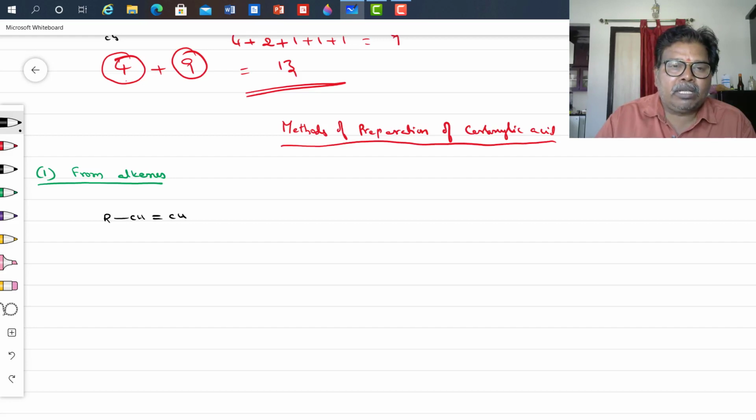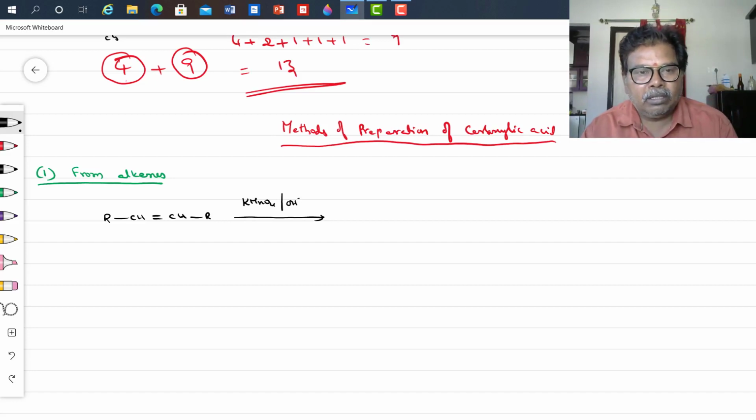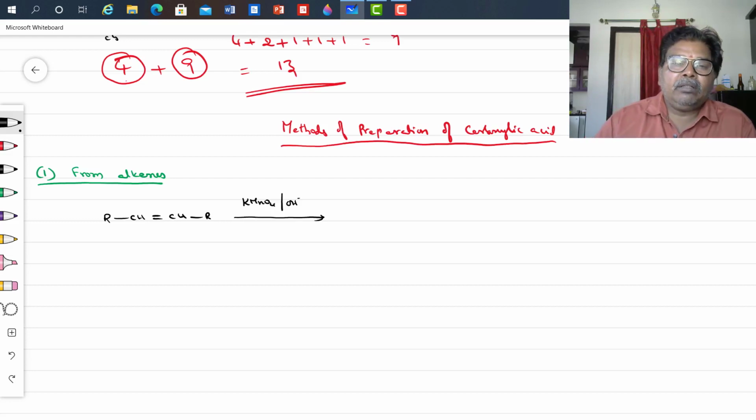RCH=CHR is treated with potassium permanganate in the presence of either acidic medium or basic medium. Any alkene is oxidized by acidified potassium permanganate or alkaline potassium permanganate, and we will get RCOOH, so 2 moles of RCOOH.